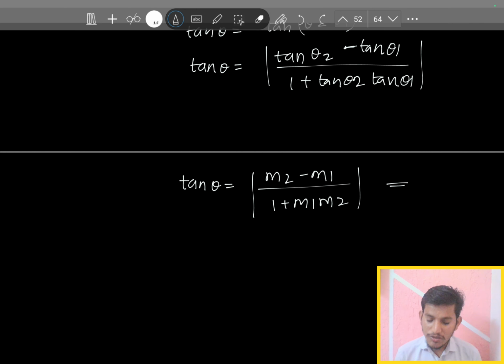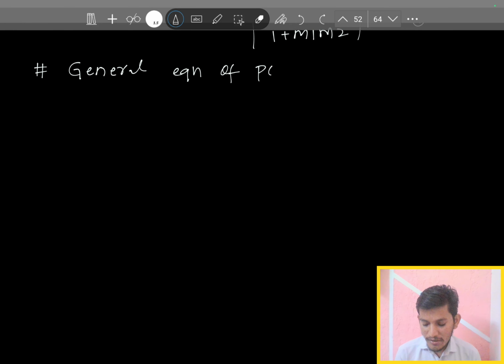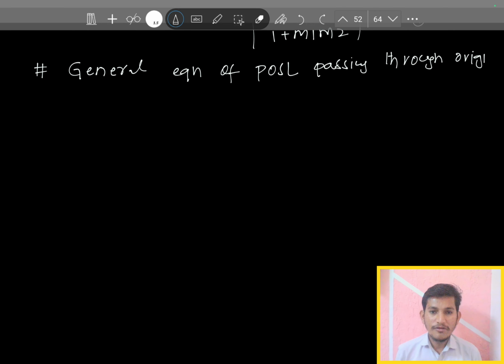Let me write this as equation number 1. So here we have one more thing we are supposed to understand. The general equation of pair of straight lines passing through origin is given by ax square plus 2hxy plus by square equals to 0.